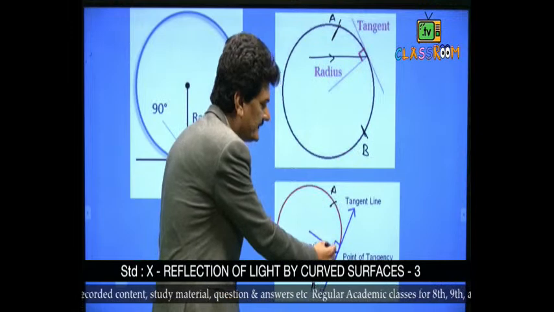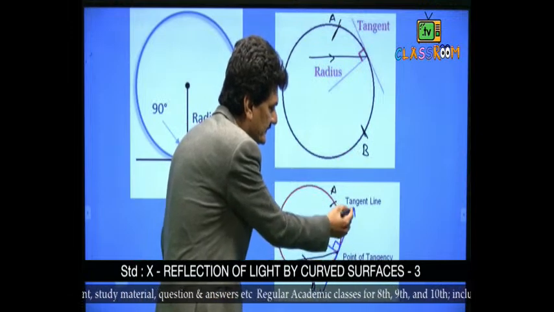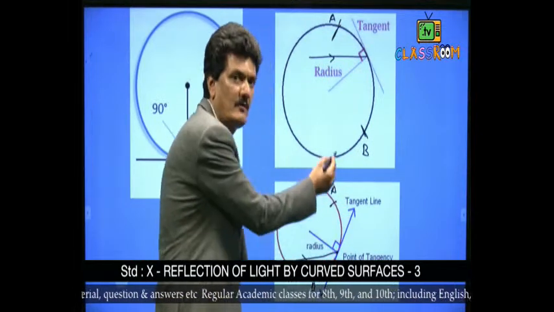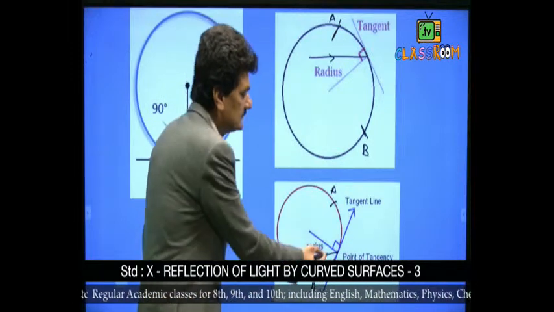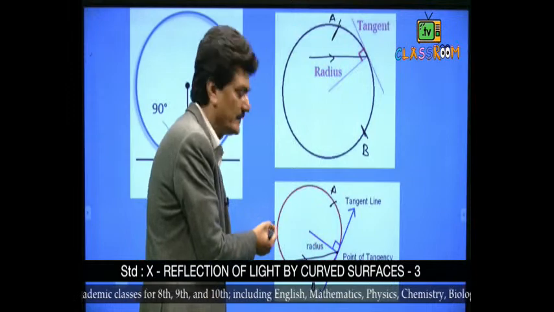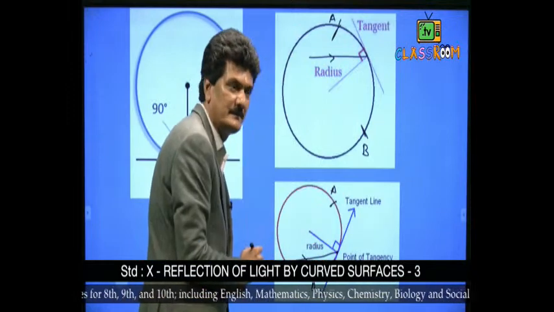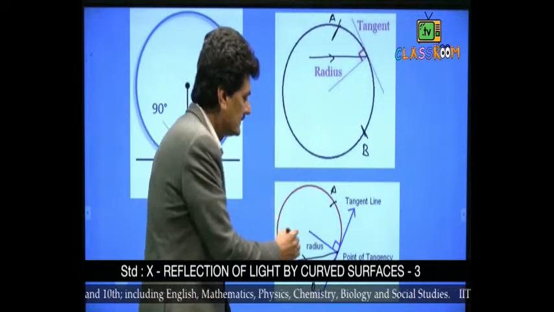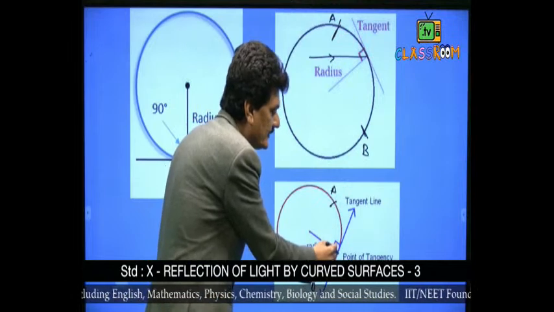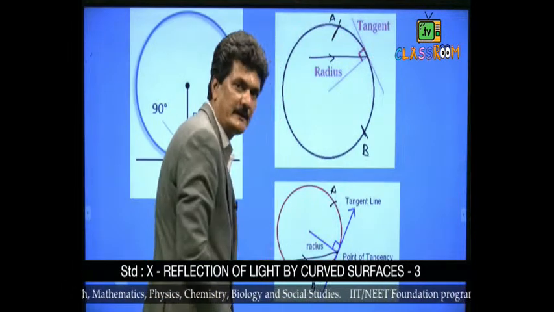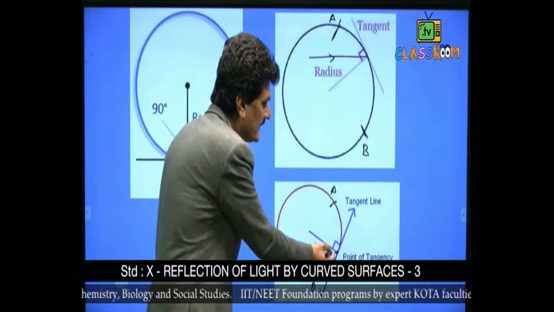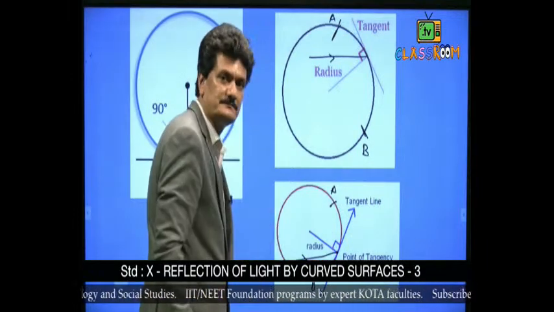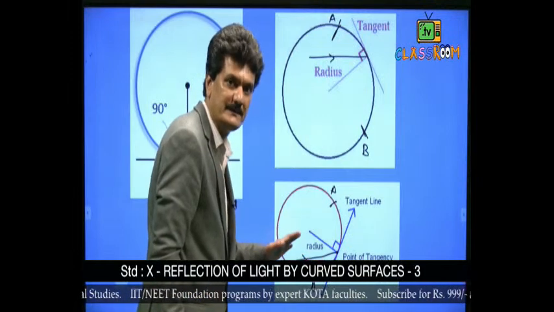First the incident ray is there. This is the point of incidence. At the point of incidence you draw one tangent. Then you draw the radius from that point. So you have drawn the radius, and as per the tangent radius theorem, this radius will be perpendicular to the circle at this point, which is also the point of incidence. So that means now we have got a normal at the point of incidence.